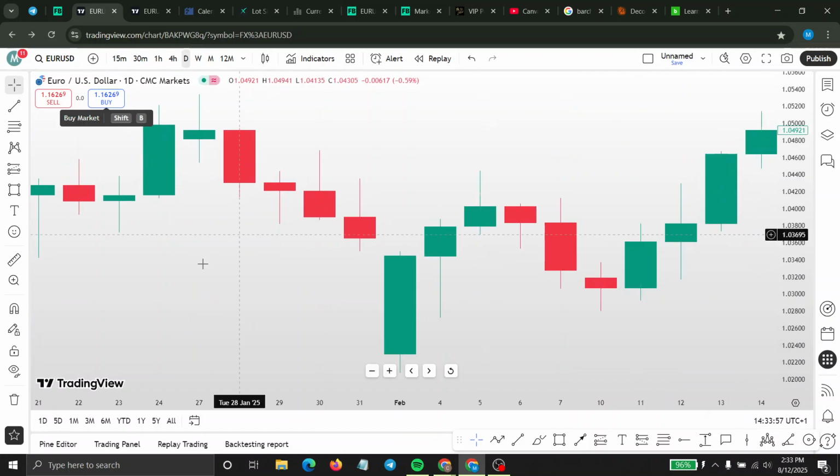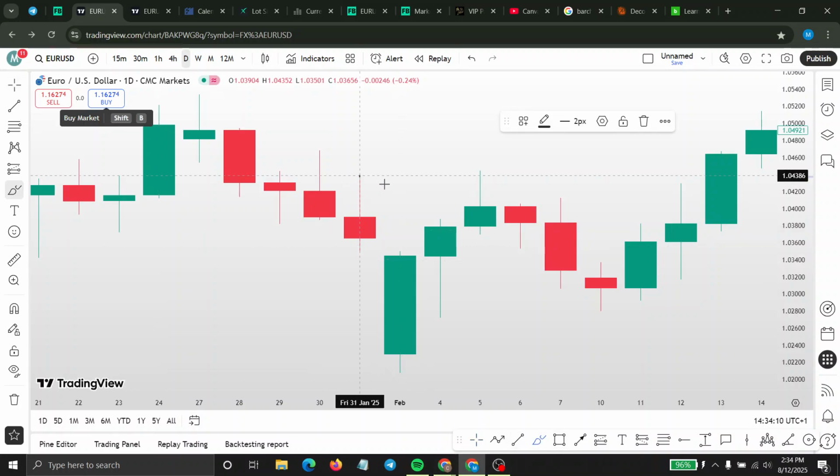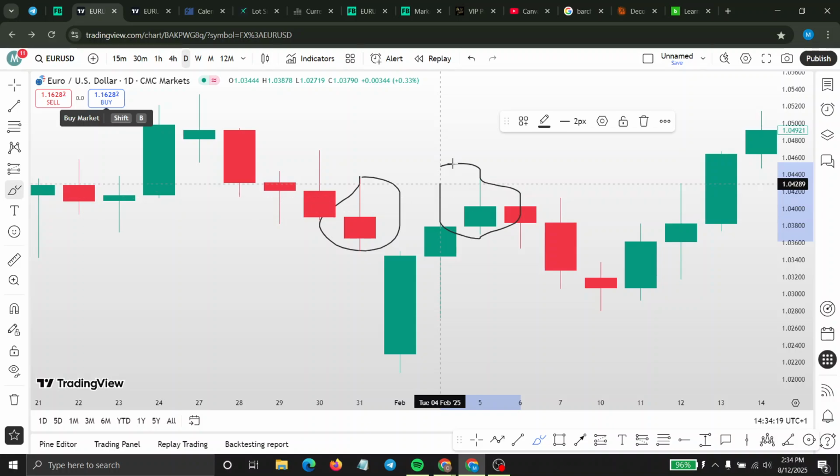Can you see it before I label it? Which one are you seeing? Green or red? You can see both are there. The first one here, you can see the shooting star forms. The second one too, here, the shooting star forms. This is why we say the color doesn't matter.